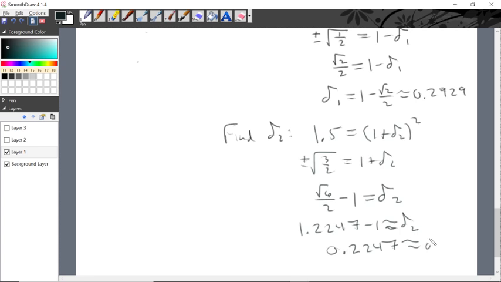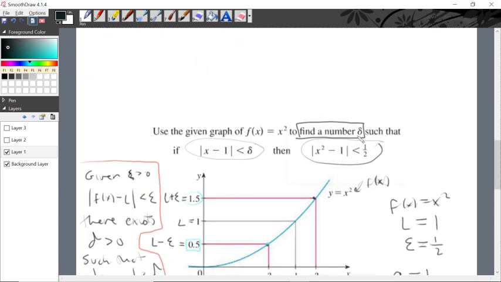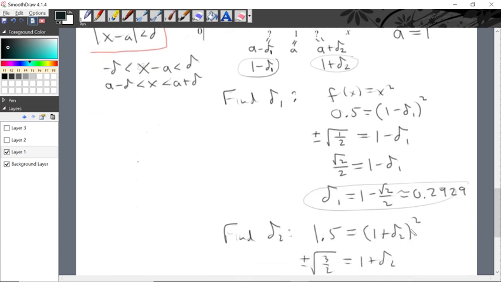All right, so we have a delta 1 and we have a delta 2. Now our goal was to find a single value delta, such that we can set it up this way: the absolute value of x minus 1 is less than delta all the time. That means of these two quantities, we want to choose delta to be the minimum of either delta 1 or delta 2.